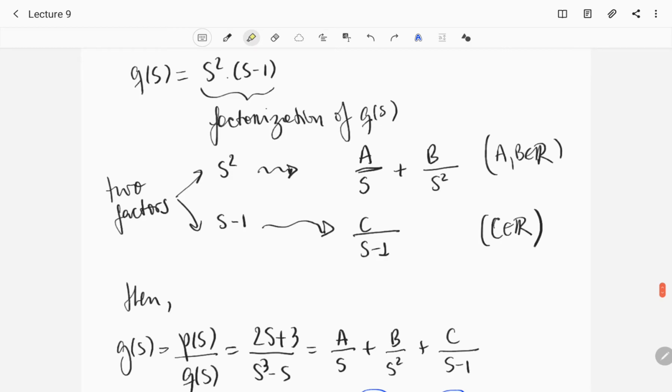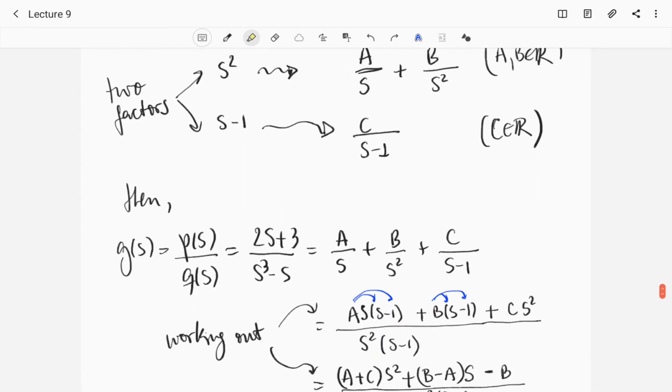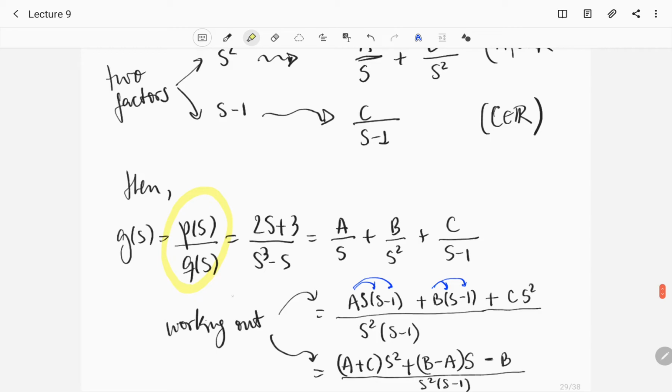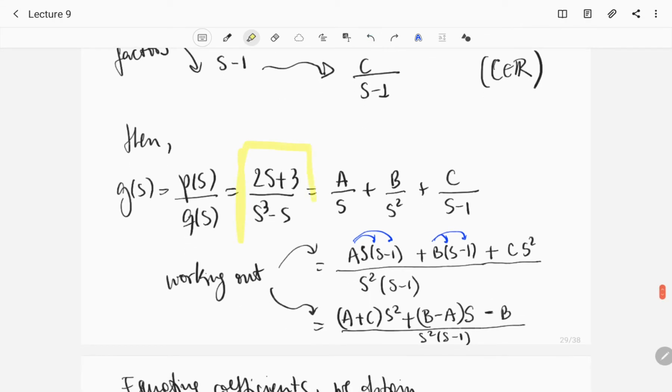What we were saying before about rewriting this function as its partial fraction decomposition is exactly this identity. We will find a, b, and c such that this identity holds. So how do we find these coefficients? We know this function, and we work out this expression, and then we equate coefficients.